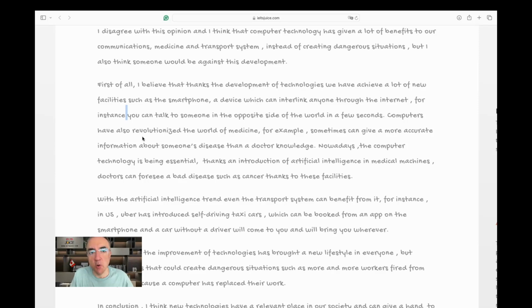Computers have also revolutionized the world of medicine. Okay, so the first one was about communication. The second one is about medicine. For example, sometimes, okay, I need semicolon again before, for example, because this one is again a sentence. Sometimes can give a more accurate information. Who can give a more accurate information? Where's the subject?